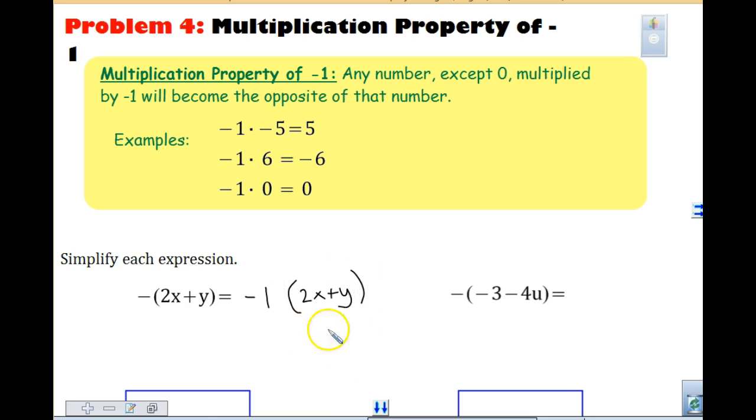So if we are distributing that -1, I'm taking -1 and multiplying it by 2x. I want you to write it down in tonight's homework. Plus I'm taking -1 times y. Someone said, can I put a 1y? Yes, or you can just leave it as y. I'm going to have -2x plus a -y.